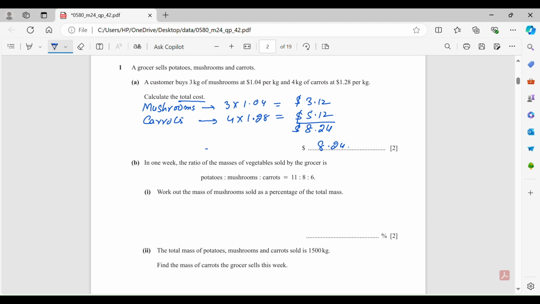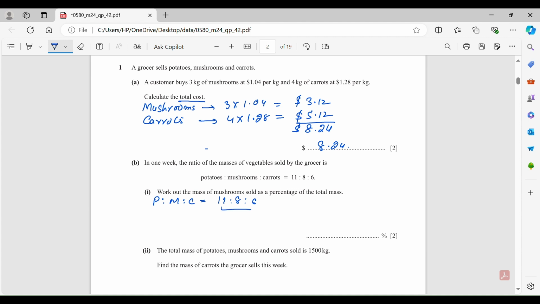Next, B part. In 1 week, the ratio of the masses of vegetables sold by the grocer, potato, mushroom and carrot, is 11 ratio 8 ratio 6. Work out the mass of mushroom sold as a percentage of the total mass. So their ratios are P ratio M ratio C, equal to 11 ratio 8 ratio 6.